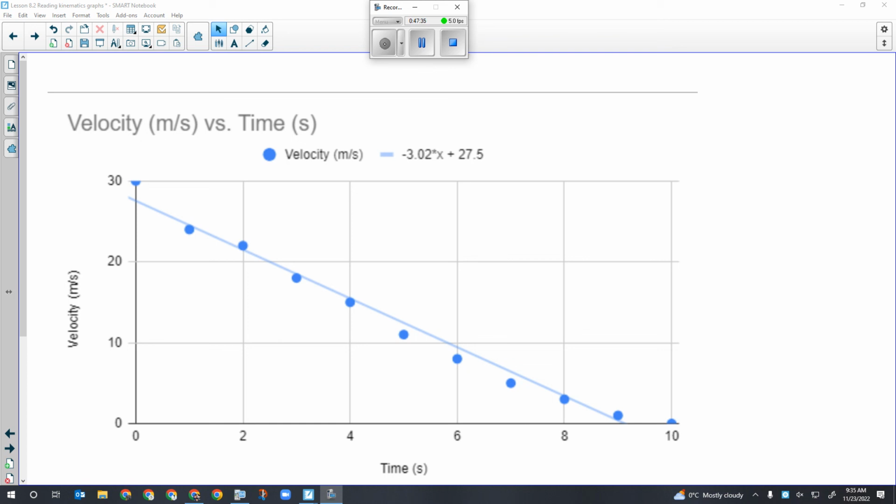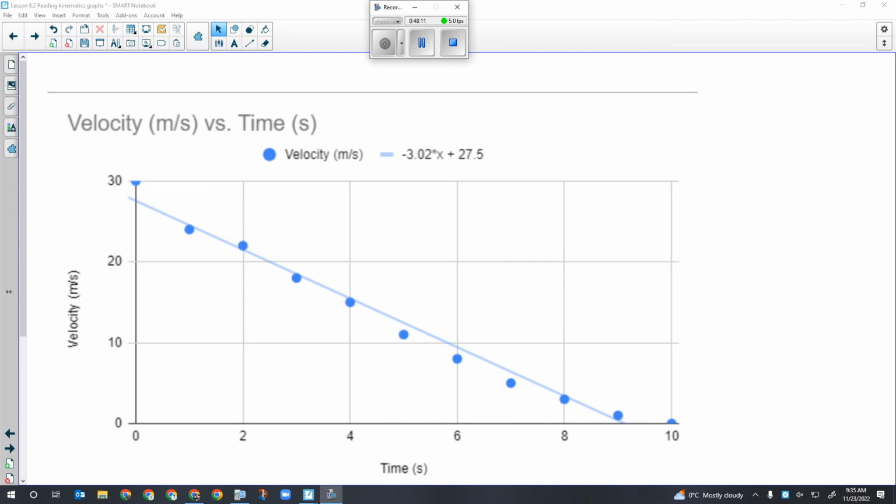What do I not know? I don't know the time. How do I get the time? Which axis is time on? X. So can I calculate the value of x at the end of the graph?